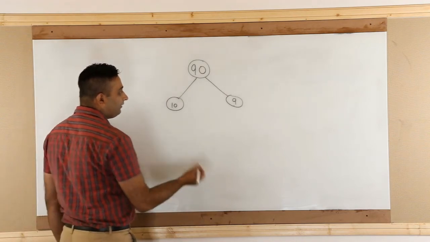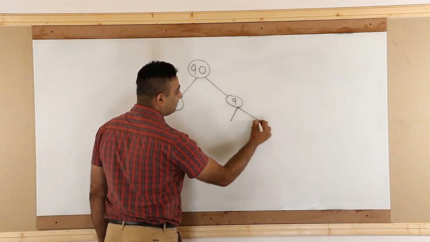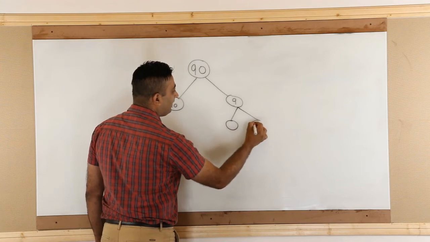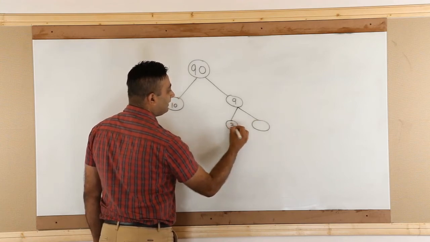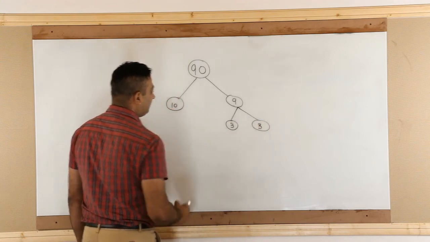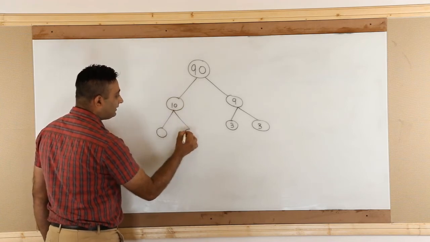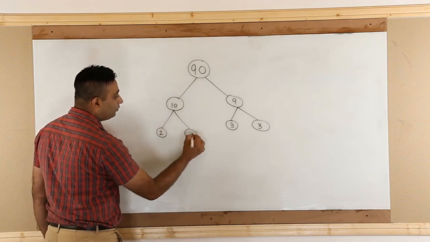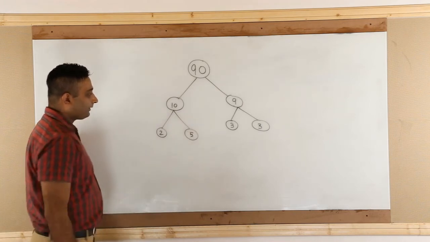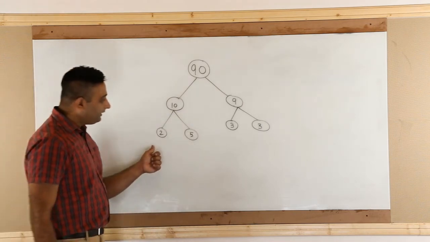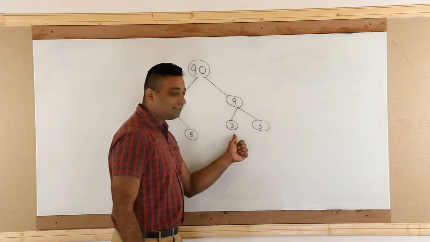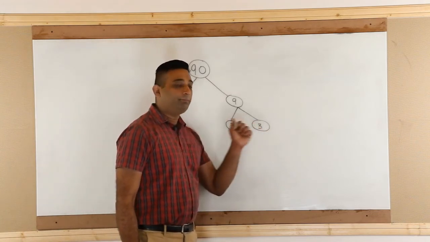Now we can further factorize 9. So we get the sub-branches as 3 multiplied by 3, and we can also divide 10 into two branches, 2 and 5. In the end, we are left with branches having only prime numbers.